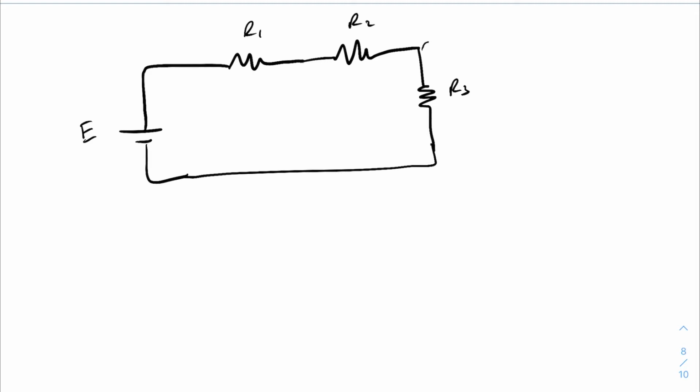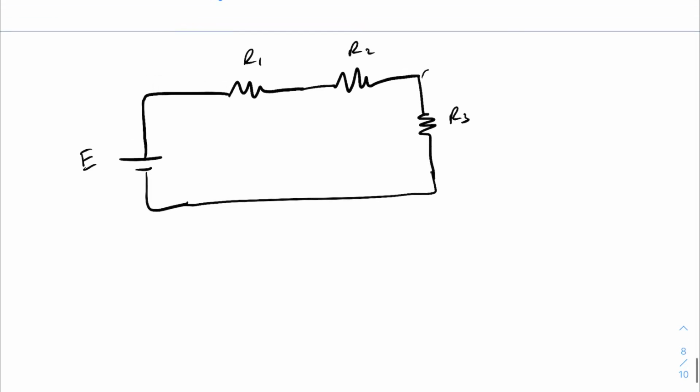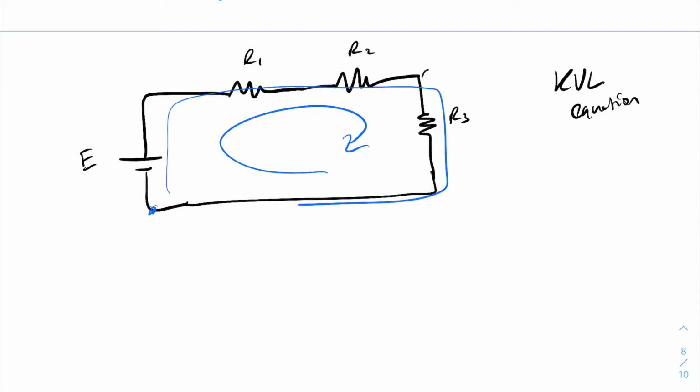All right, so what we do is we usually write what we call a KVL equation. It's called that because obviously it's Kirchhoff's voltage law, and we're writing an equation for it. So we know that this loop here, start from here, go all the way around, that whole loop is going to be equal to 0. We know that, right?